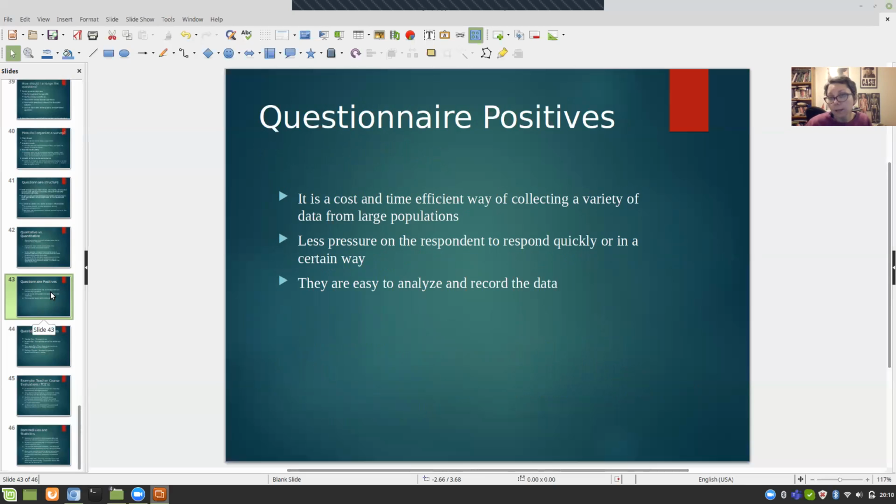And it's really easy to analyze and record the data. It's very straightforward. So if those are the kinds of things you're looking for in a method, and if you want to make generalizations about a bigger population, which is really the big thing, if you want to say all students, across the board have this problem, then a survey questionnaire might be the way to go for you.